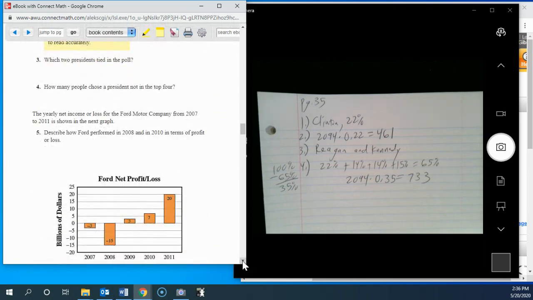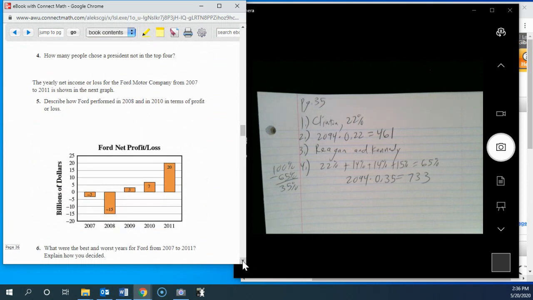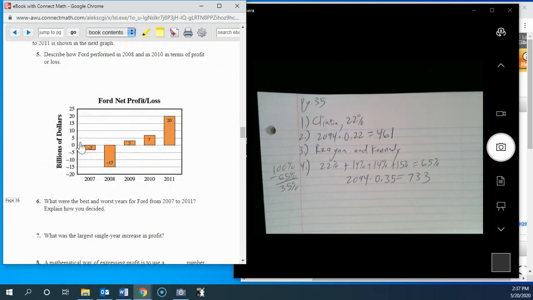Okay, now we come here to number 5. It says, describe how Ford performed in 2008 and in 2010 in terms of profit or loss. Now, if you look at this bar graph here, you notice here at 0, that's the break-even point, which means they didn't gain any money, they didn't lose any money. But they asked us, how did they do in 2008?